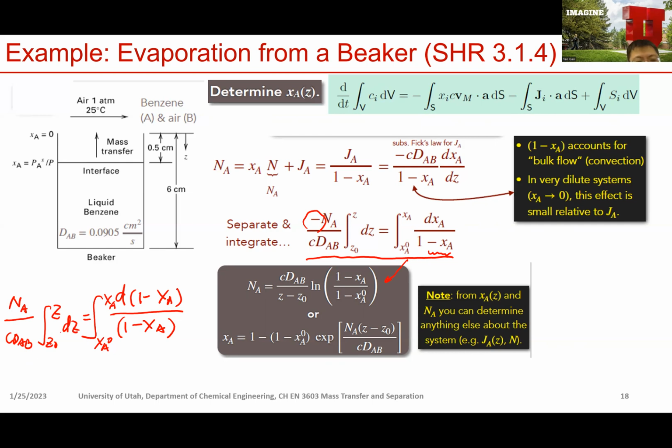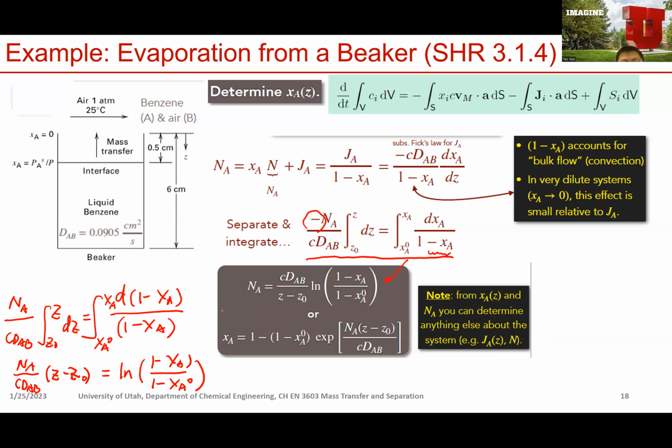We know this is just CdAb times (Z minus Z0). On the right-hand side, you have a log. Then this is going to be log of (1 minus xa) divided by (1 minus xa0).